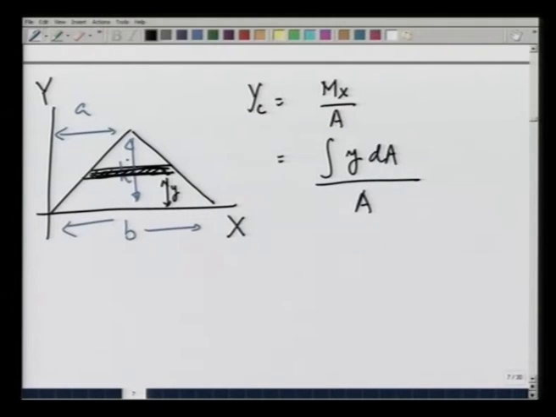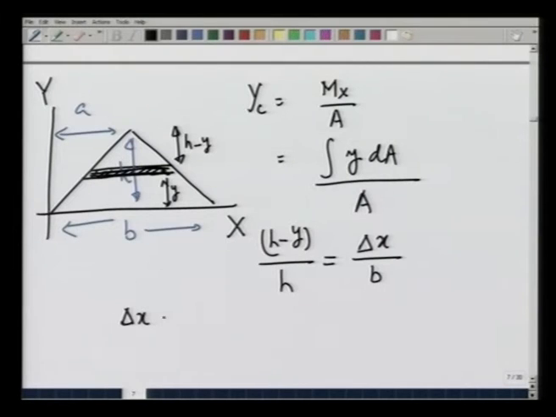You can see from similarity of triangles that I am going to have h minus y divided by h equal to the width of this strip, which let me call delta x, divided by b, and therefore, delta x is equal to b times h minus y divided by h.